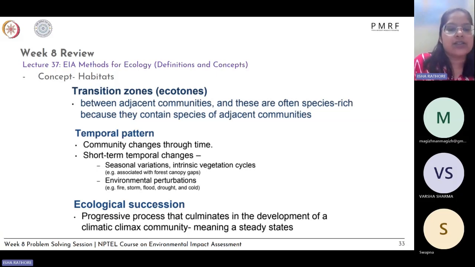So you see seasonal variations like when the trees lose their leaves, and environmental perturbations like a firestorm. It causes the community to change because of an outside event which is happening. So those are temporal changes. Then ecological succession is a progressive process that culminates in the development of a climatic climax community, meaning a steady state.